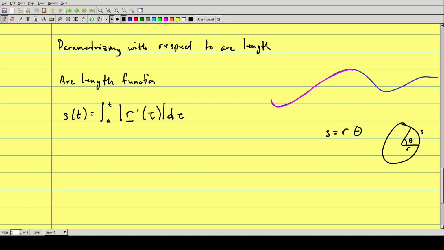So the thing that's going on here is that I want to integrate along this curve from tau equals a to tau equals t. Okay?